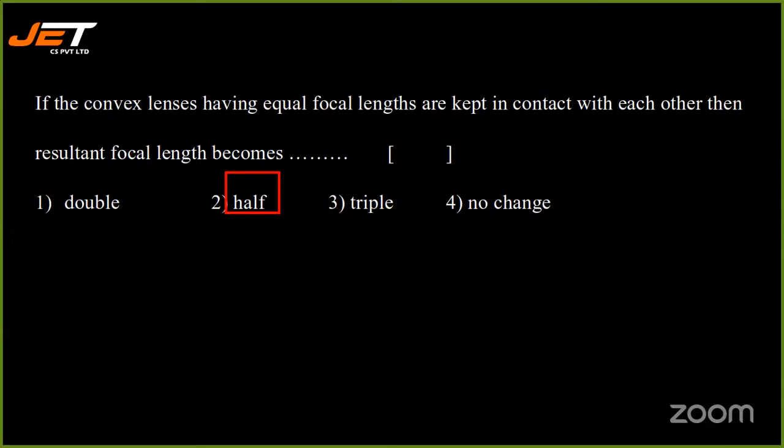So what will be the focal length of the resultant lens? That is the question. The formula you are going to use is 1 by f combined equals 1 by f1 plus 1 by f2. f1 and f2 are equal, so 1 by f plus 1 by f is 2 by f. So f combined will be f by 2. That is your half. It becomes half.